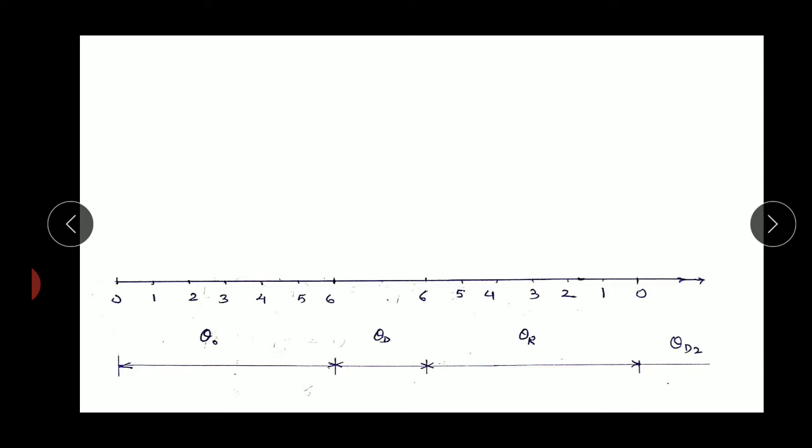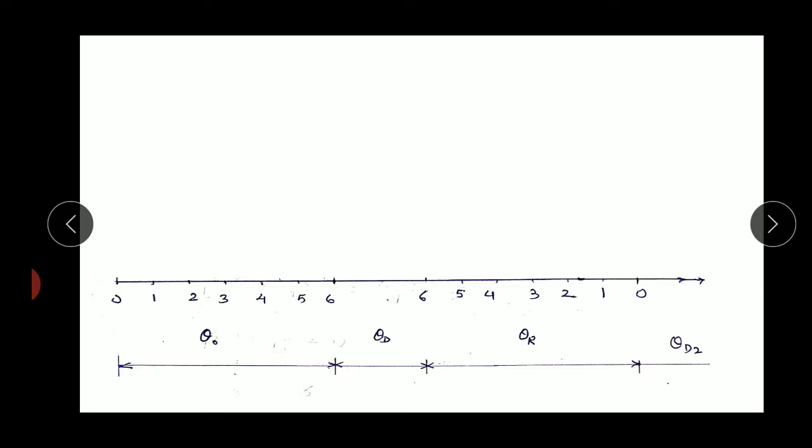Similarly, the angle turned during dwell and during return stroke will also be given. You have to choose a proper scale and plot the outstroke angle, the dwell angle, the return stroke angle, and the second dwell part.